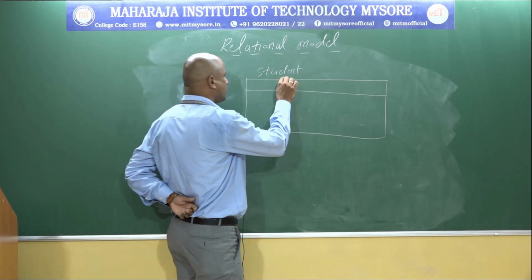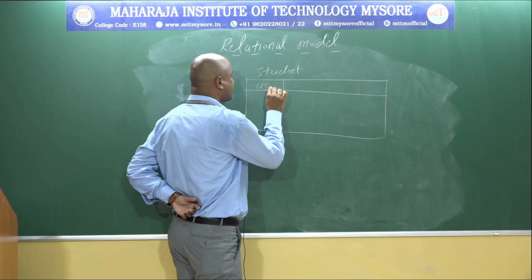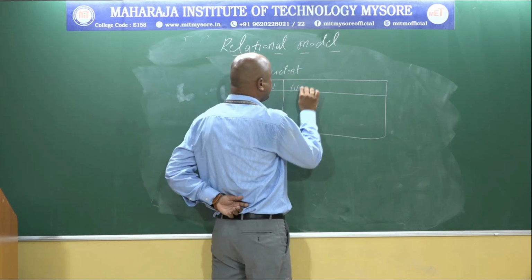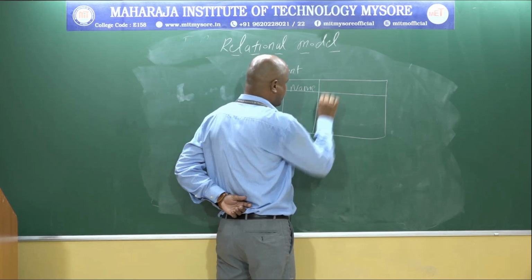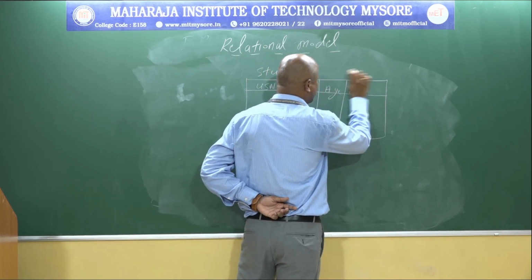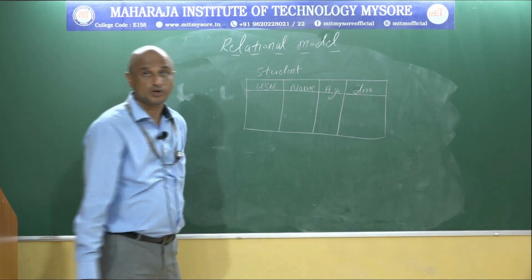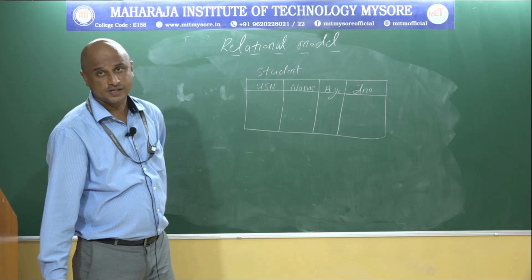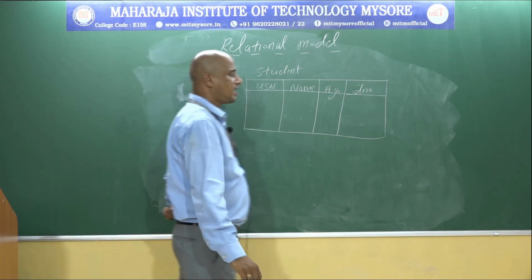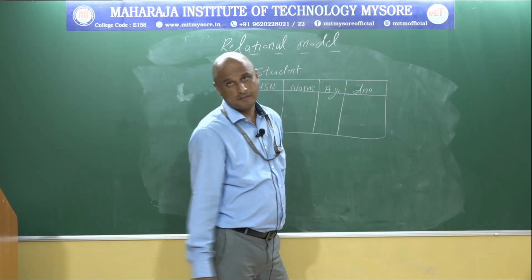Student has USN, name, age, and department number, the department the student belongs to. USN is the primary key, name is an attribute, and age is an integer, along with department number.